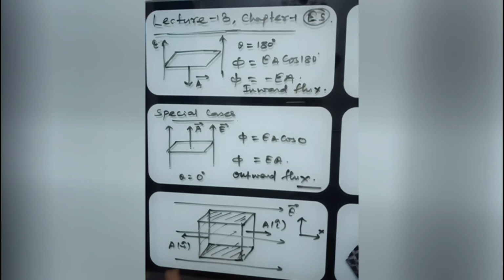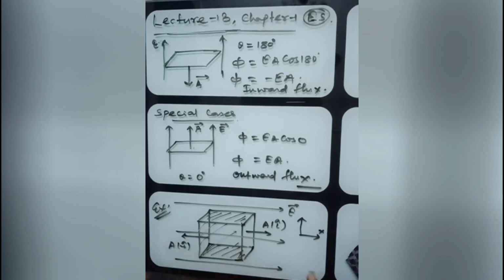Now the question is, what will be the total flux, the net flux? It is very simple. Here the flux is going in this way, it is inward flux, with the area vector and electric field making 180 degrees. And from this face it will be the outward flux, since only these two faces are counting the field lines.